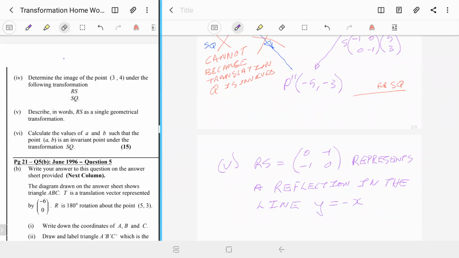That's what I want: a single matrix, a single transformation. Describing RS as a single transformation, that's it. RS represents a reflection in the line y equals minus x.